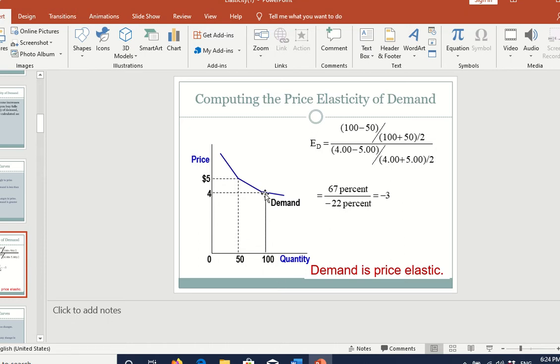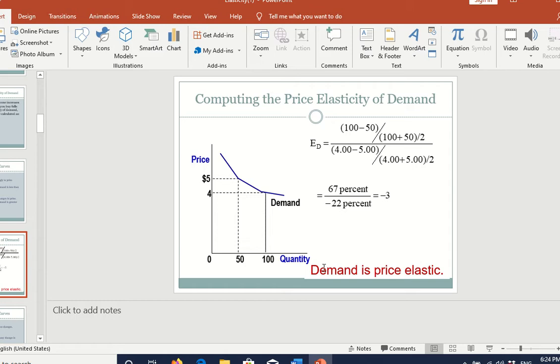So we're here. So when you calculate the price elasticity of demand, in this case that's a midpoint method, the percentage change in quantity demanded divided by the percentage change in price using the midpoint method, you get -3. So -3, the absolute value of -3 is greater than 1.